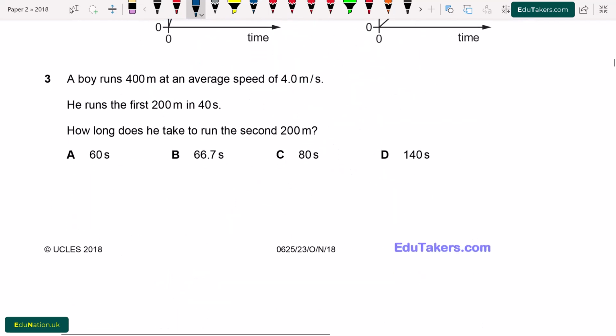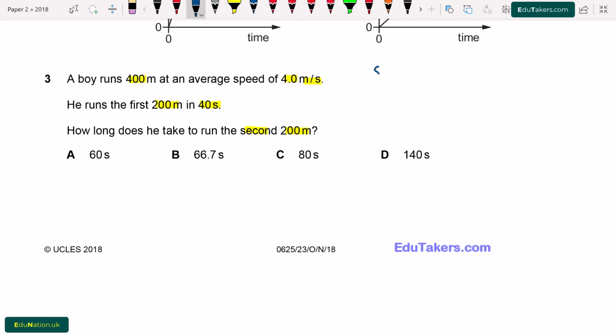Question number 3. A body runs 400 meter at an average speed of 4.0 meter per second. He runs the first 200 meter in 40 seconds. How long does he take to run the second 200 meter? So here basically we have to find out time.